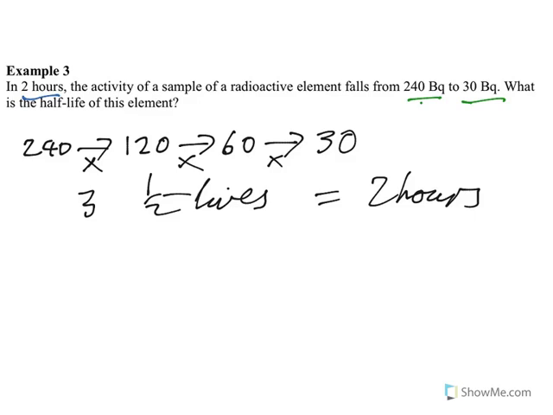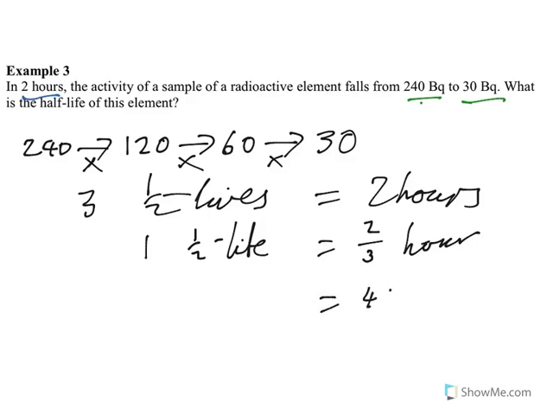So 1 half-life would be 2/3 of an hour. And 2/3 of an hour is 40 minutes. And again, I just noticed I made a mistake there.